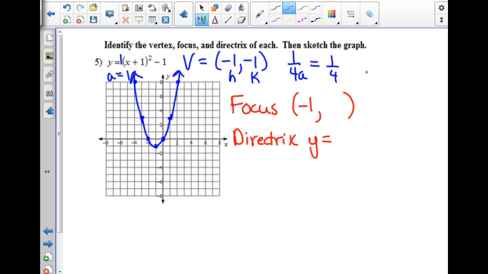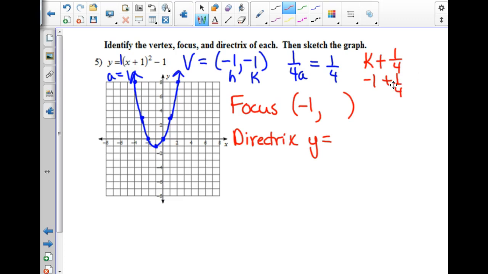It's not K. It takes K and adds 1/4. So the K is -1, so we have to do -1 plus 1/4. Now you can type this on your calculator: -1 plus 1 divided by 4. You can hit your math enter button and it will give you a fraction.